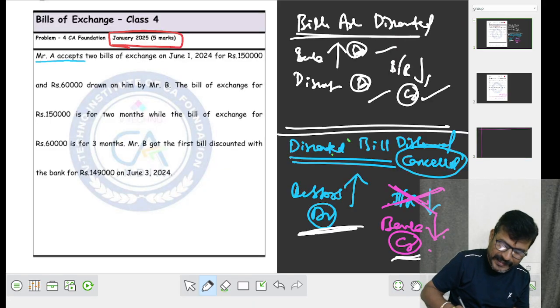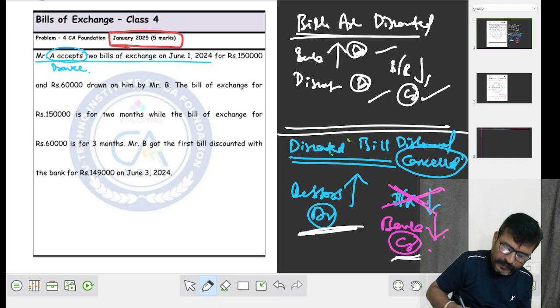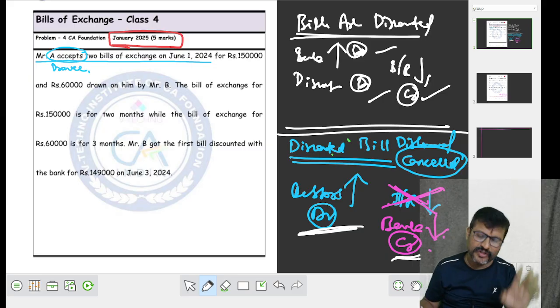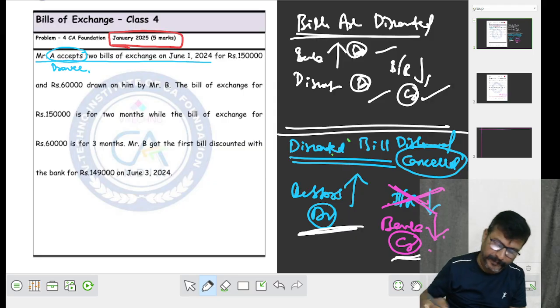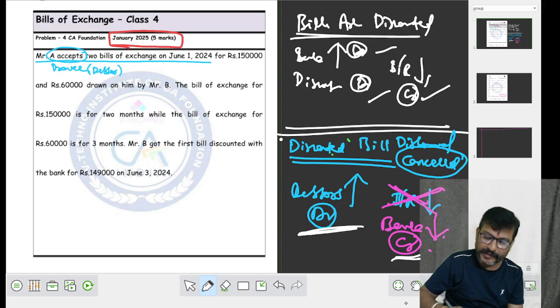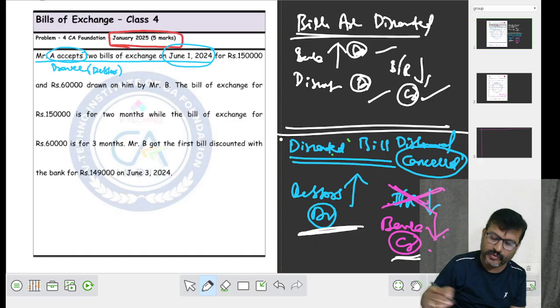Mr. A accepted 2 bills. Accepted means drawee. A is the drawee because he accepted. He is also known as debtor. How many bills? 2 bills. On what date? 1st June.